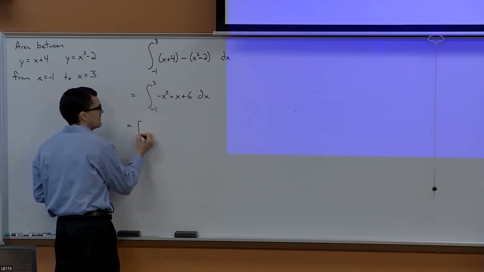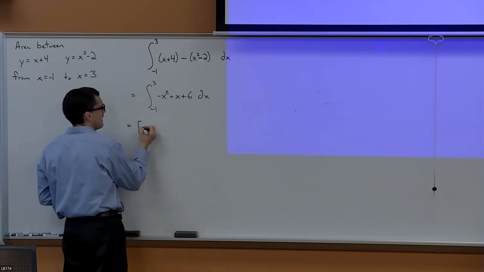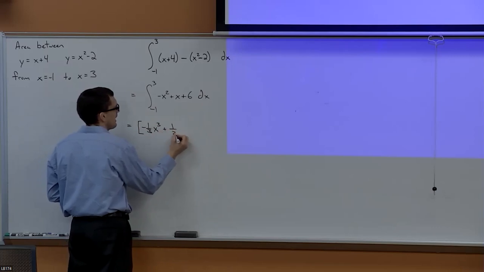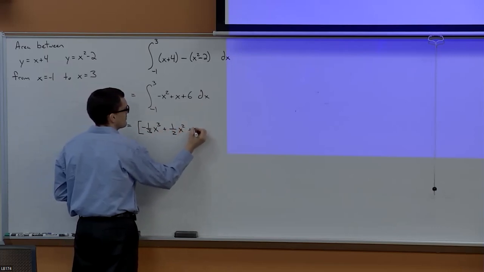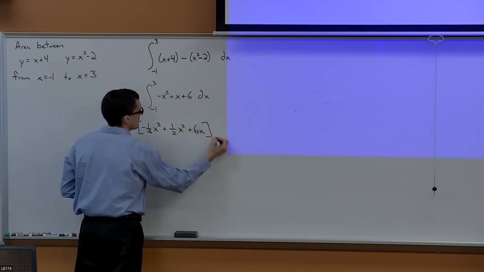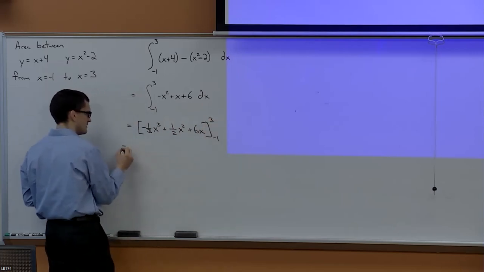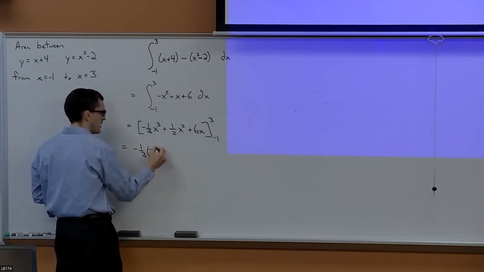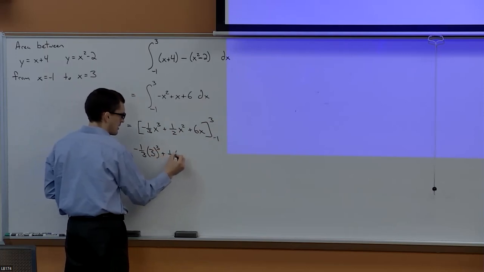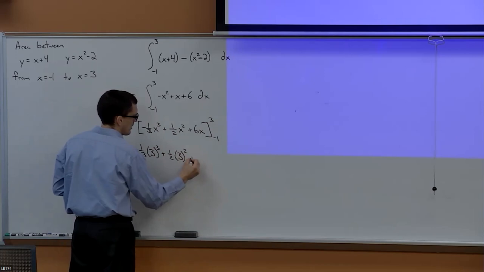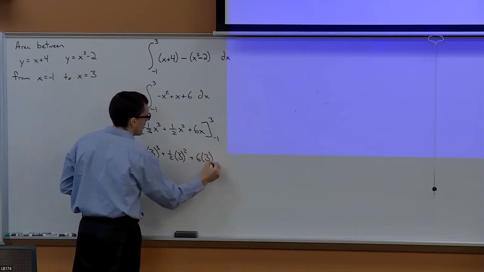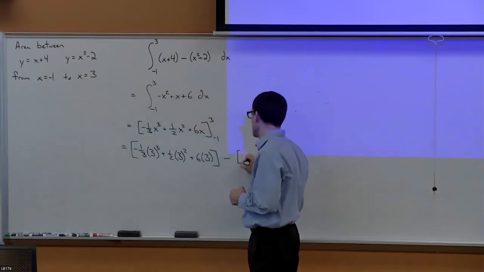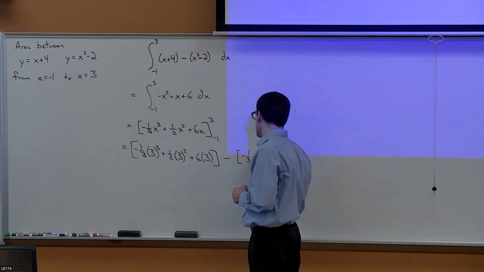I can go polynomial integration, -1/3 x to the third plus 1/2 x squared plus 6x from -1 to 3. We plug in 3. Subtract off whatever you get when you plug in a -1.